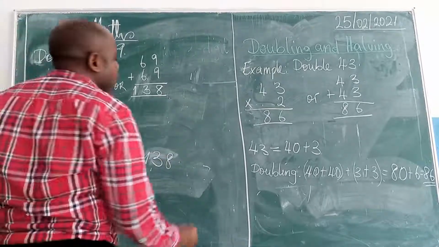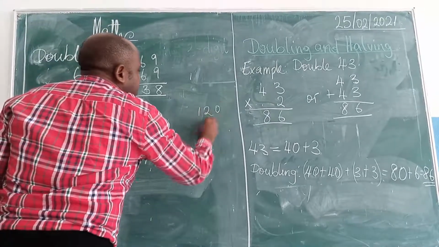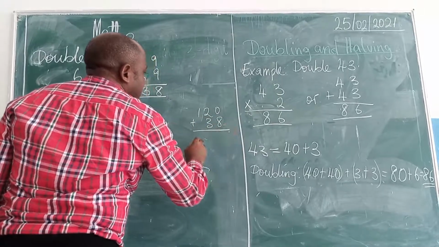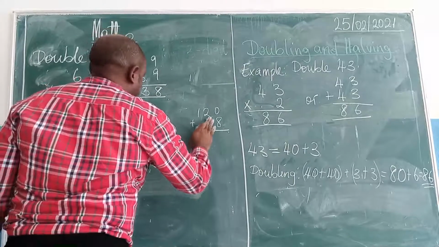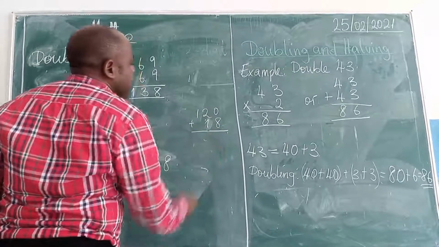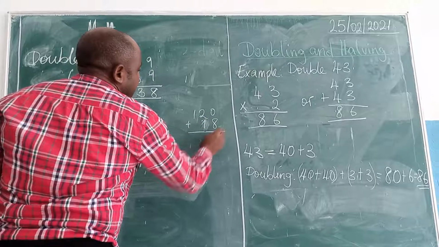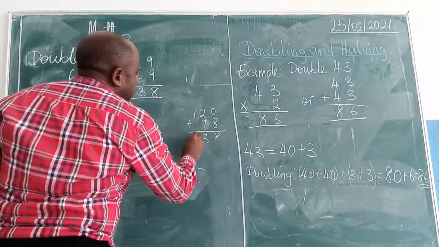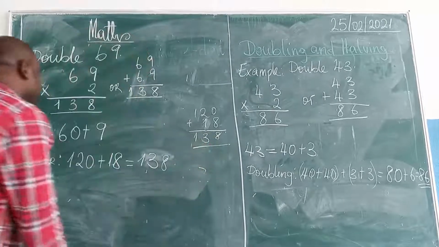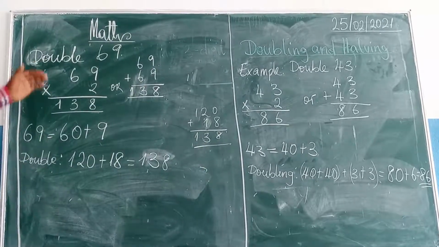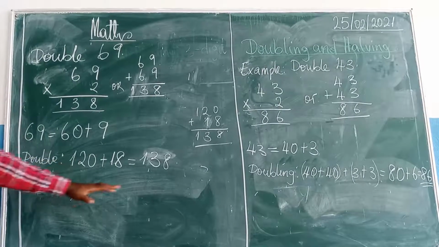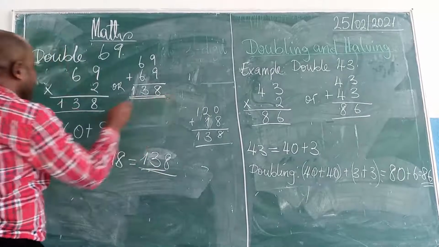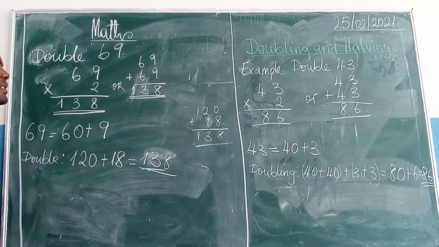I go to my rough work to add 120 plus 18. 0 plus 8 is 8. 2 plus 1 is 3. And 1 plus 0 is 1. So I have 138. So if we look at the three methods, all of them give us the same answer. This is the answer here 138, this is the answer here 138, and this is the answer here 138.